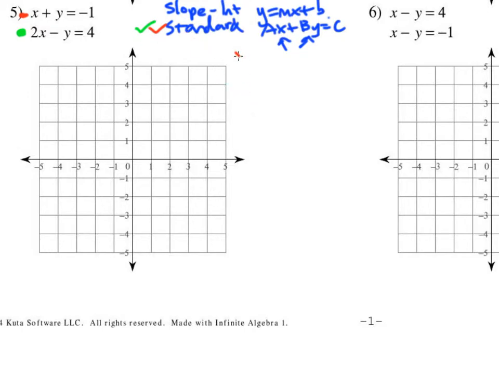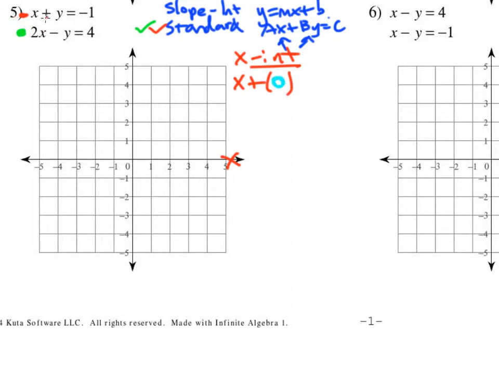So with the red one, let's go ahead and find our x-intercept. Where does it cross the x-axis? Where does it cross this axis right here? So we're going to write it out, x plus, now instead of y though, we know that at the x-intercept, our up and down value is 0, so we're going to plug in that 0 right here.